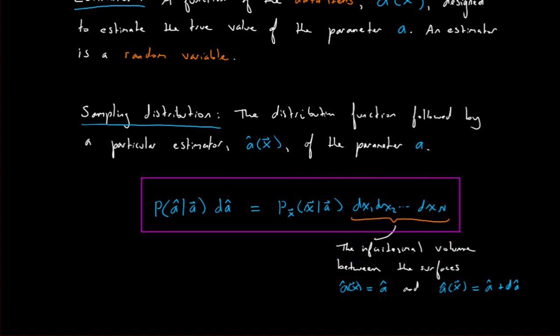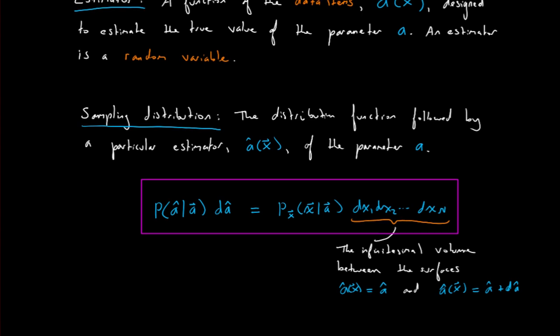And again, I'm not going to make many more comments about this right now, other than to say, essentially, I'm saying suppose we know the form of the population. This equation gives us a way to work out what the sampling distribution is.